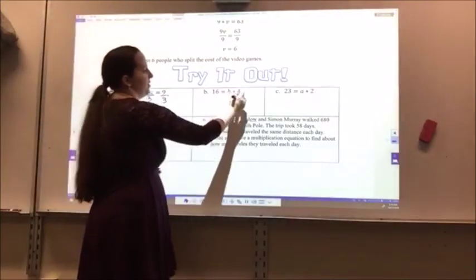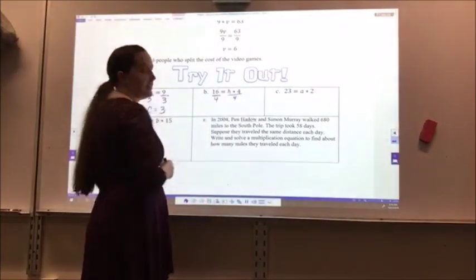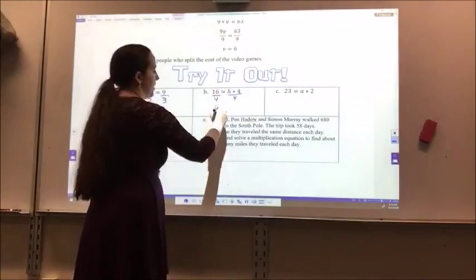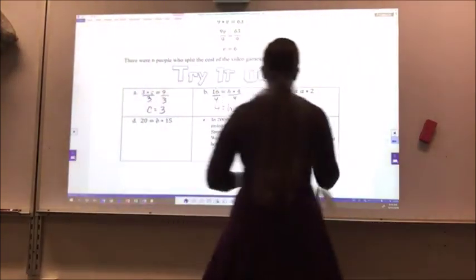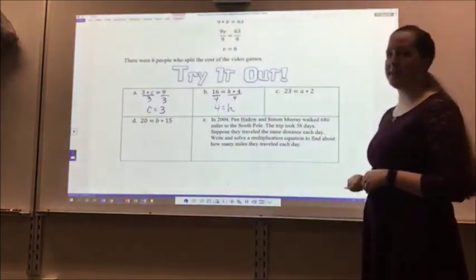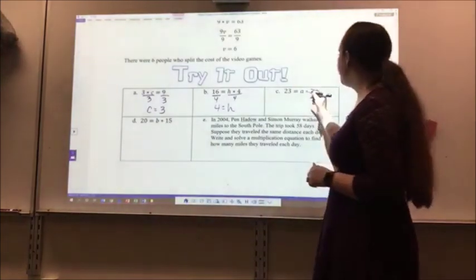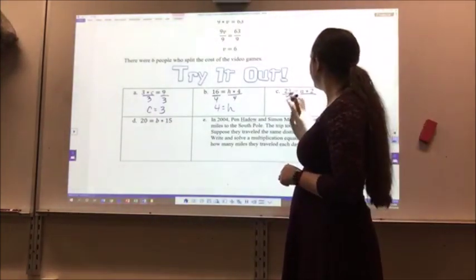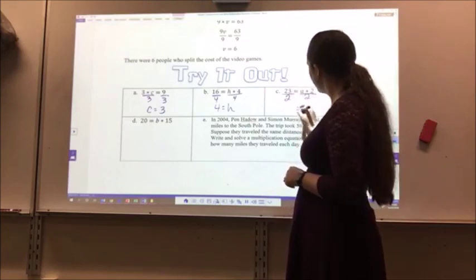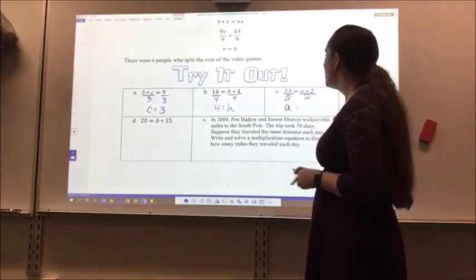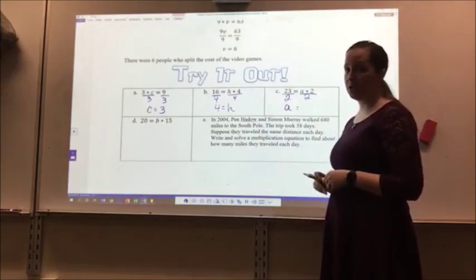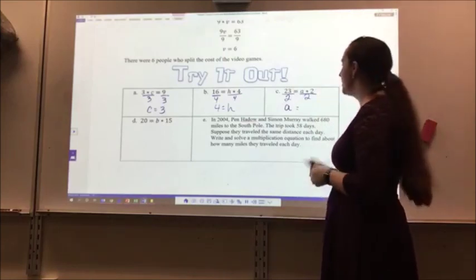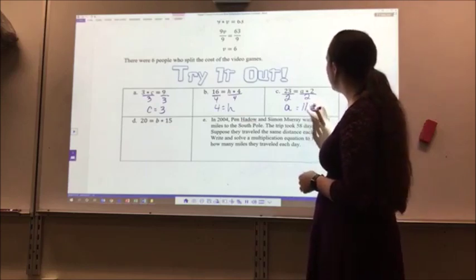I divide both sides by 4. 16 divided by 4 is 4, and I'm left with H. For letter C, 23 equals A times 2. I divide both sides by 2. 23 divided by 2, 2 goes into 22 11 times, and I have half left over, so 11.5.